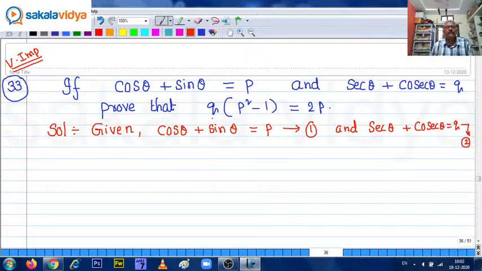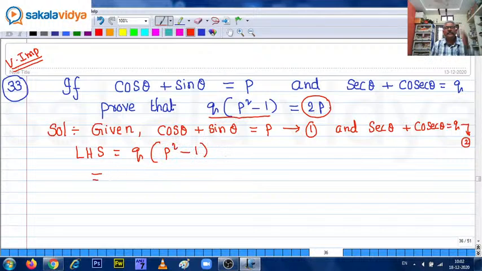So now we need to prove that Q multiplied by P square minus 1 is equal to 2P. So take the left hand side. Q multiplied by P square minus 1. Let us substitute. Q means sec theta plus cosec theta, multiplied with P square. P square means cos theta plus sin theta whole square.